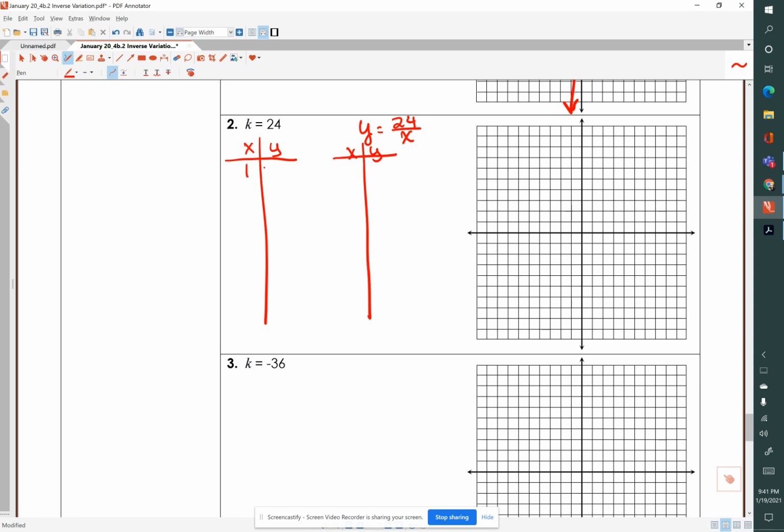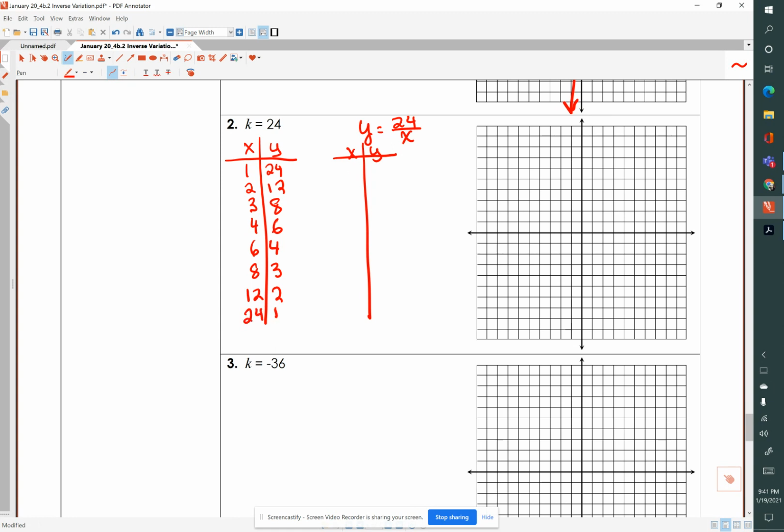And we have 1 times 24, 2 times 12, 3 times 8, 4 times 6, 6 times 4, 8 times 3, 12 times 2, and 24 times 1.